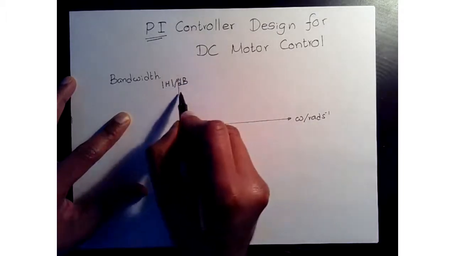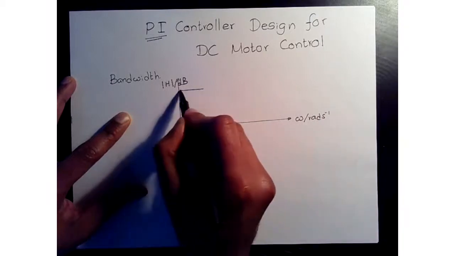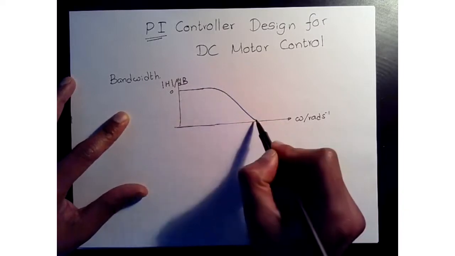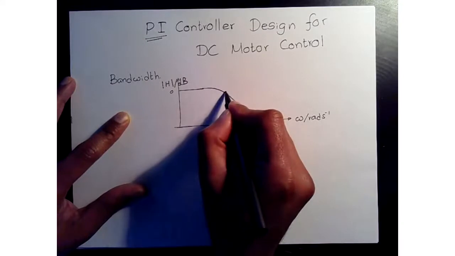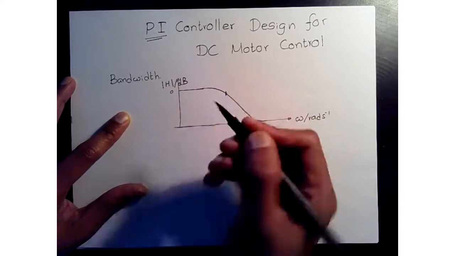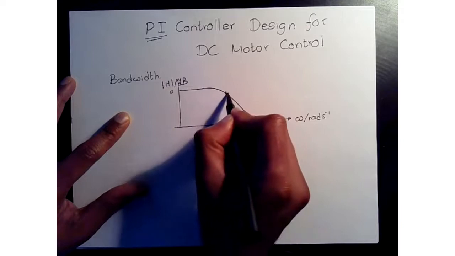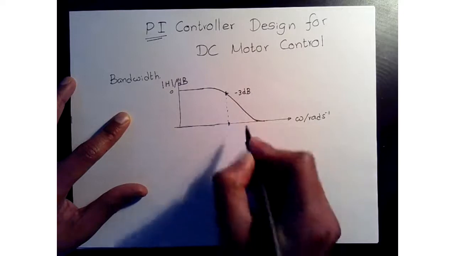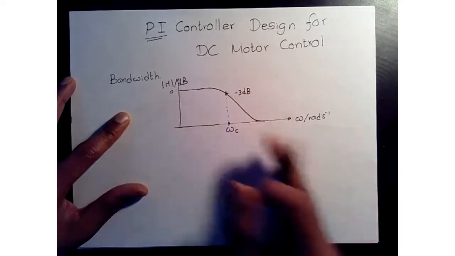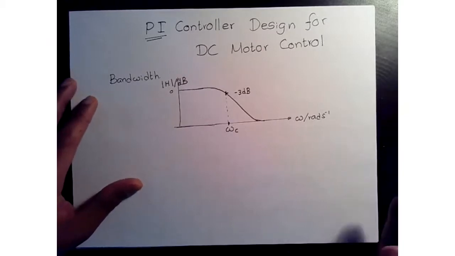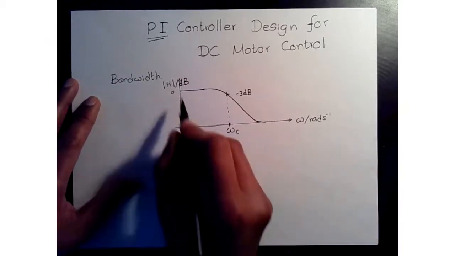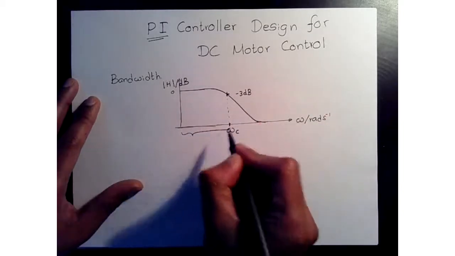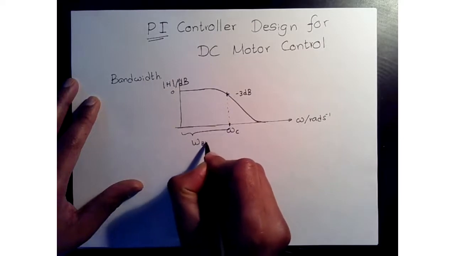If you look at this system, you will have 0 dB, and then you see a drop off like that. Then we know, at least if you remember, this is the negative 3 dB point. We call this the cutoff frequency if you are looking at it as a first order low pass filter. For this kind of response, we typically call this the bandwidth, omega bandwidth.